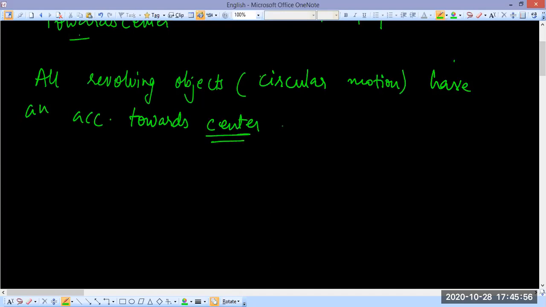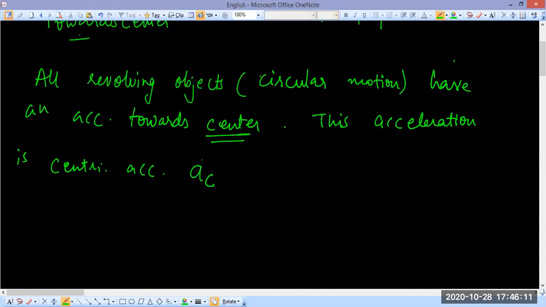Okay, this acceleration is centripetal acceleration, AC vector, or simply AC.